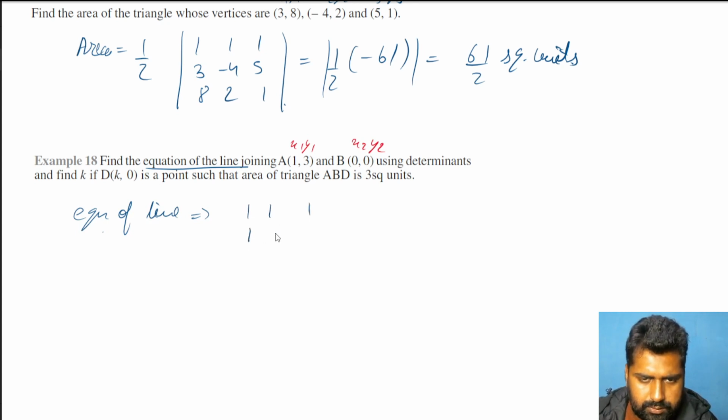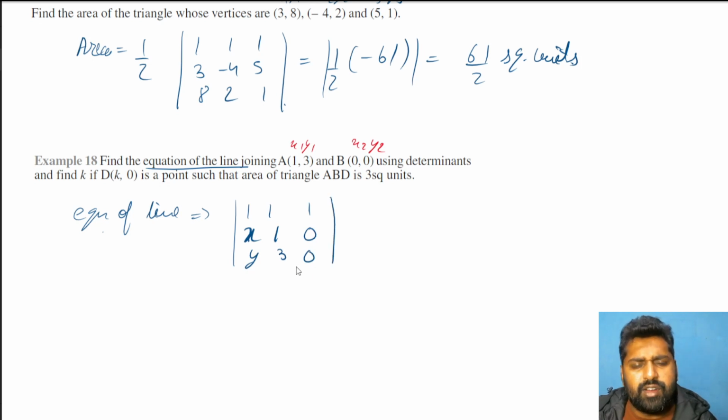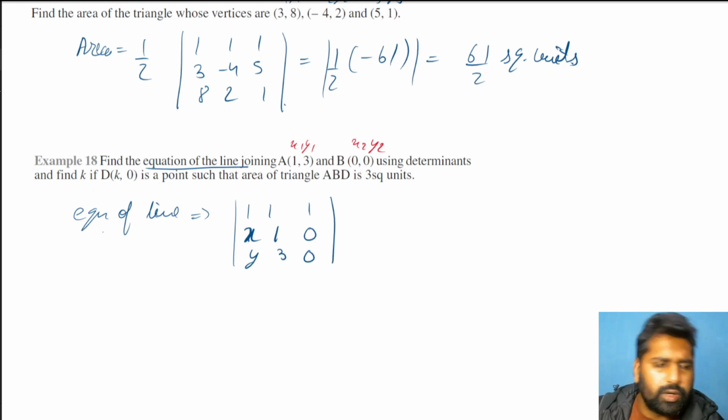Then the x coordinates x, 1, 0, then the y coordinates y, 3, 0, and we have to open the determinant. Now while opening the determinant, sometimes you have to see for which row or column it is easier. If I expand about this column, it has 2 zeros in it, so it makes my determinant very simple to open.